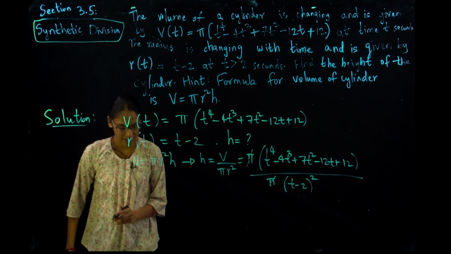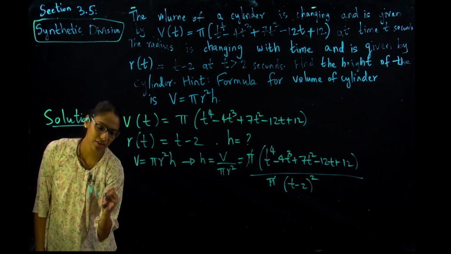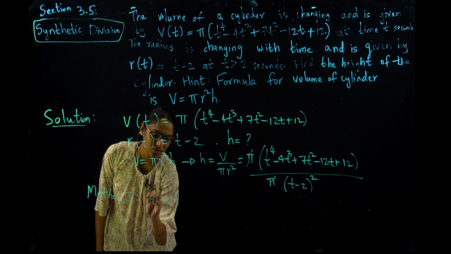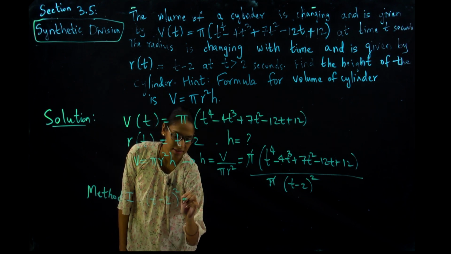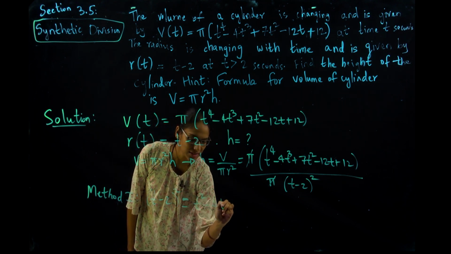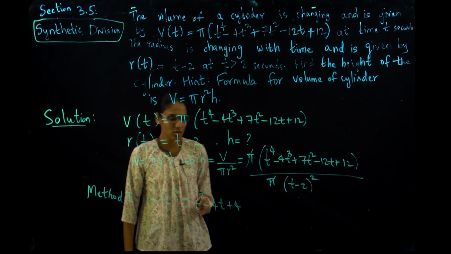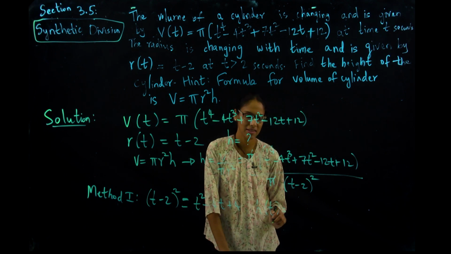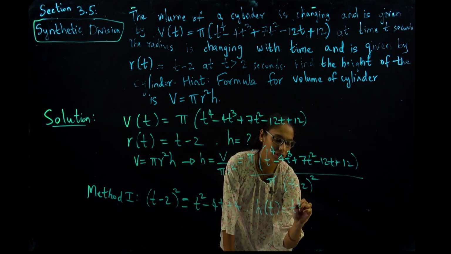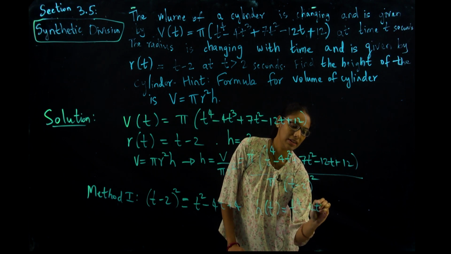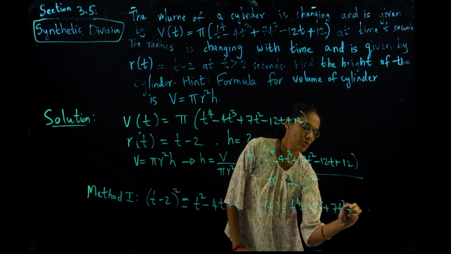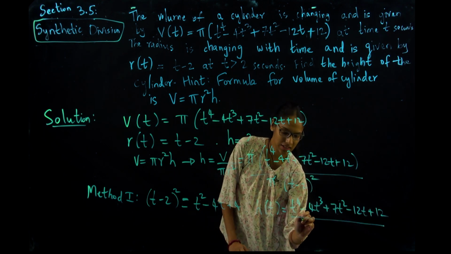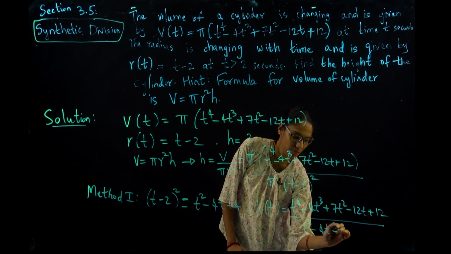In method 1, you would expand t minus 2 the whole squared as t squared minus 4t plus 4, and then height h as a function of t is obtained by doing long division of t to the 4 minus 4t cubed plus 7t squared minus 12t plus 12 divided by t squared minus 4t plus 4.